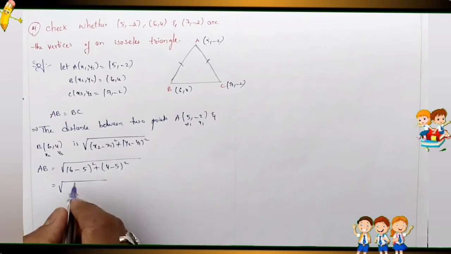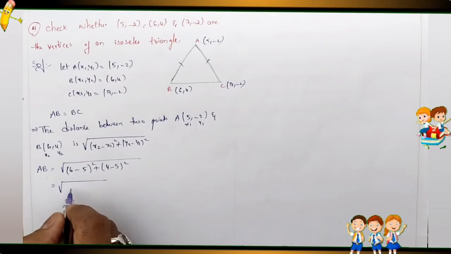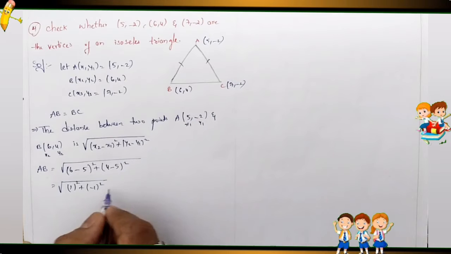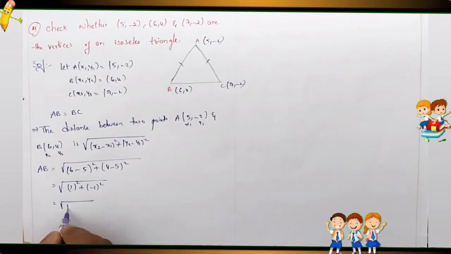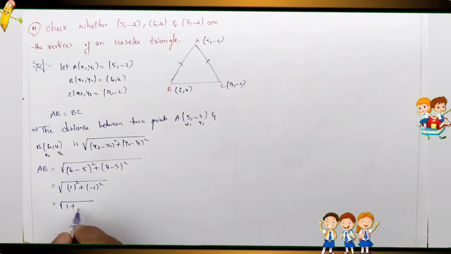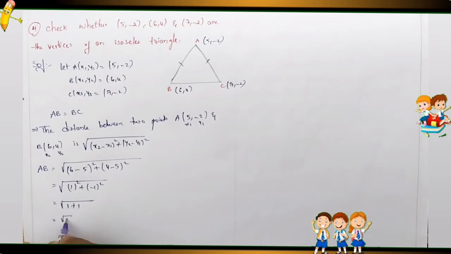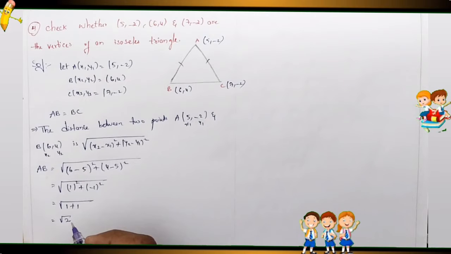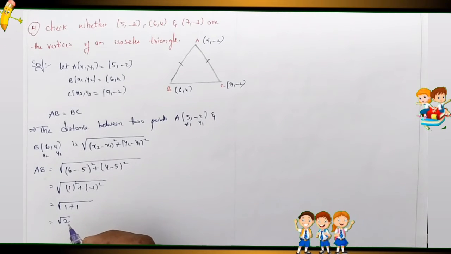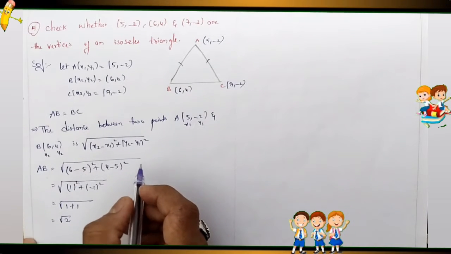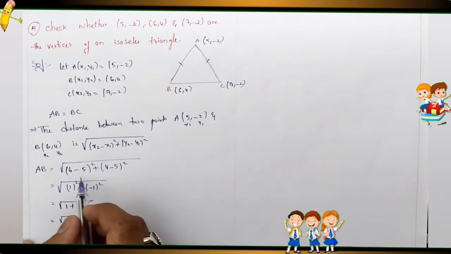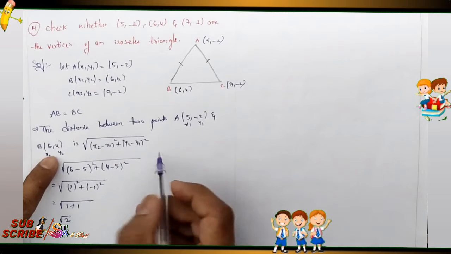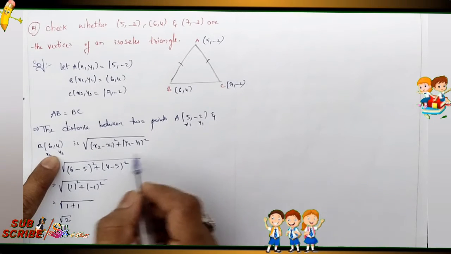Now the square root of (6 minus 5) is 1, whole square; and 4 minus y1. Wait, small mistake here. Once again, cross-check: x2 value is 6 minus 5 whole square, plus y2, which is 4, minus y1.